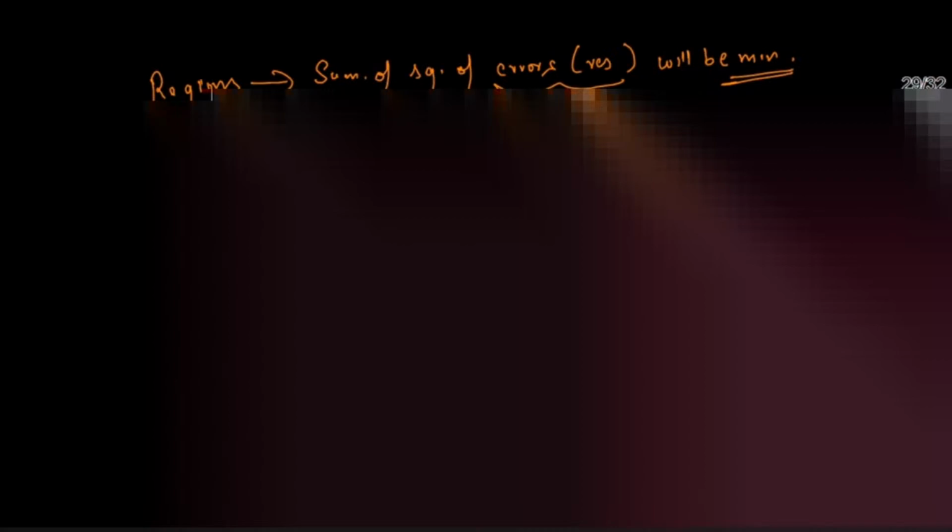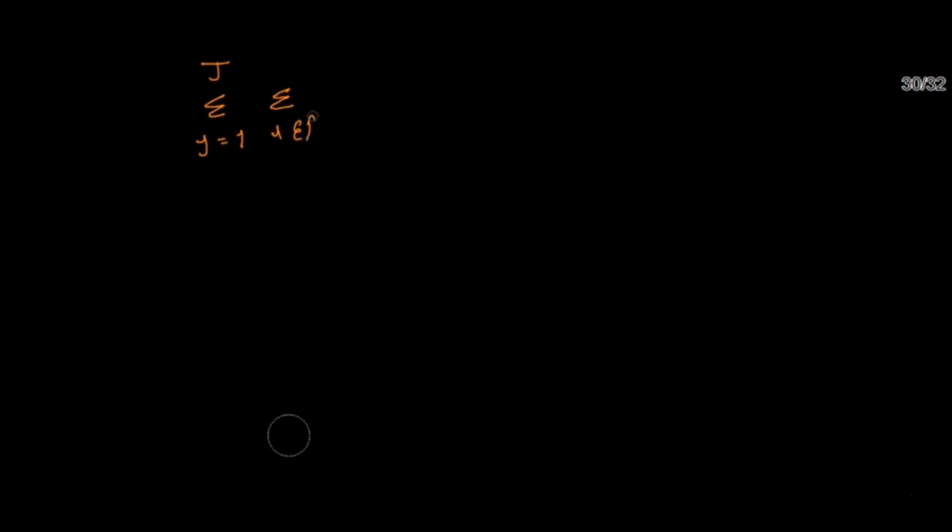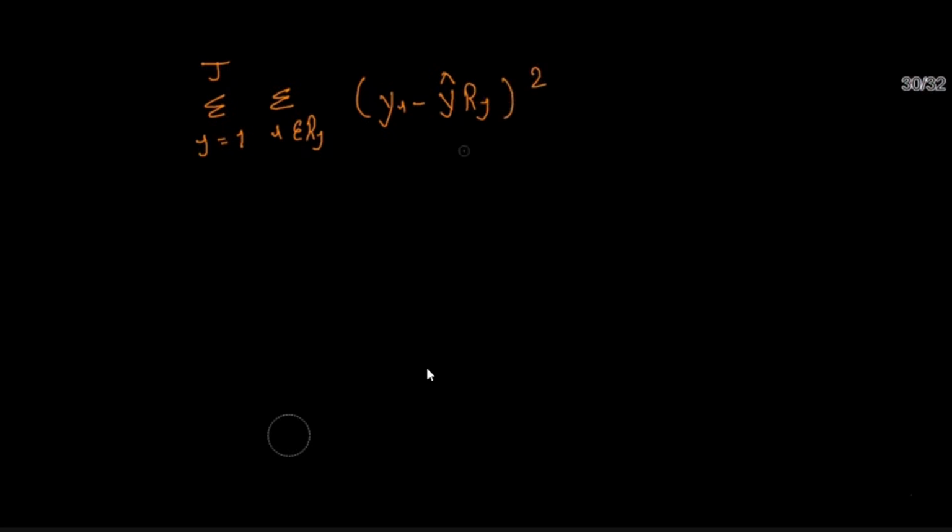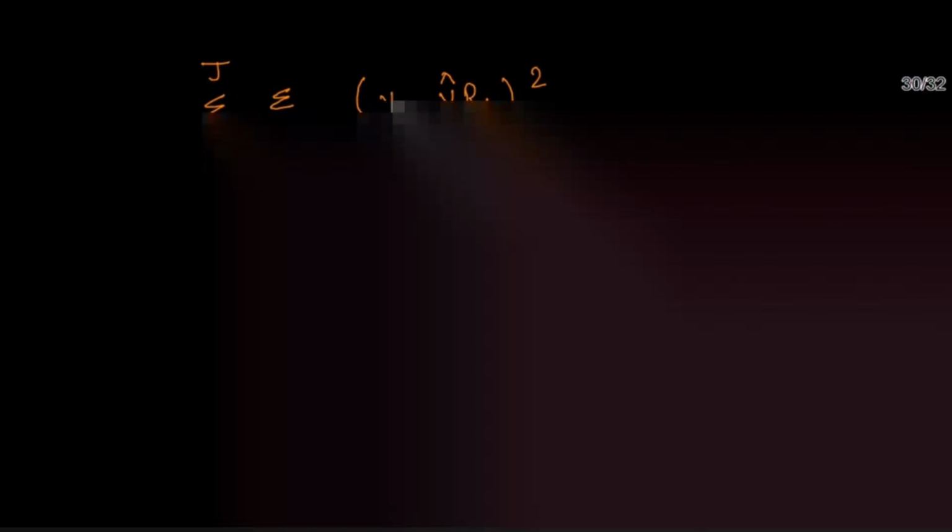Here my j is nothing but 1 to j. I will talk about each and every term where i belongs to each and every region, and here it is nothing but yi minus yi cap, R is nothing but region, whole square. So this Rj is nothing but my R1, region 1, till region j. So these are all my regions. The sum of square of errors will be your minimum.